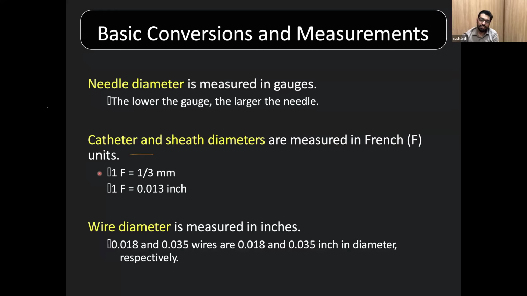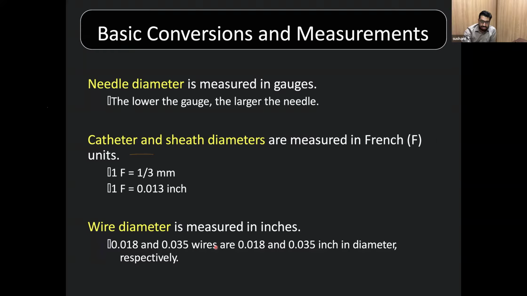As we increase the French size, the bore of the catheter becomes larger. So this is a smaller 10 French catheter. If we have a larger catheter, it will be wider and thicker. So one French is 1/3 of a mm. These dimensions are very important to learn.